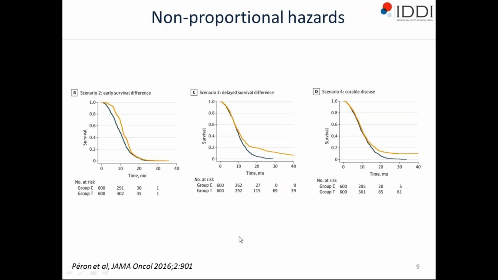hazards are really non-proportional. These are just 3 examples which are becoming apparently more common in oncology. For example, when there is an early survival difference between 2 arms, or conversely, when the survival difference appears late in observation, for example, in some immunotherapy trials, and also when there is a fraction of patients that are cured in either one of the arms or 2 arms.